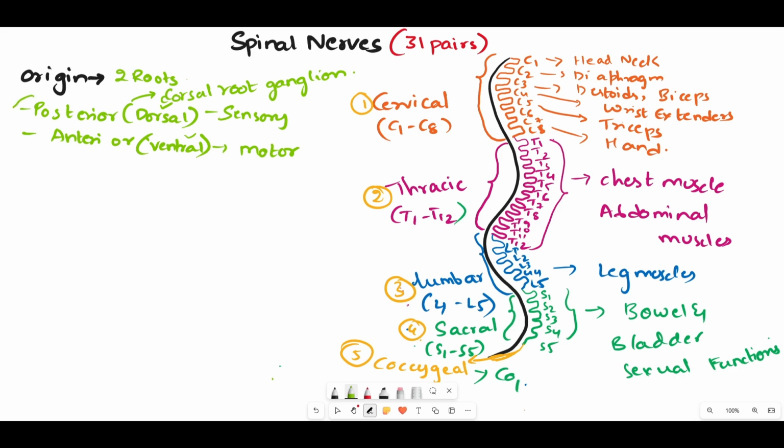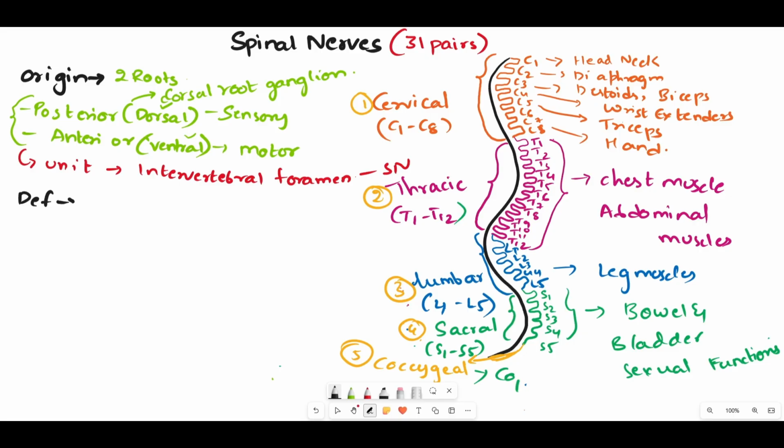These two roots get united near the intervertebral foramen. In the intervertebral foramen, they get united to form a spinal nerve.